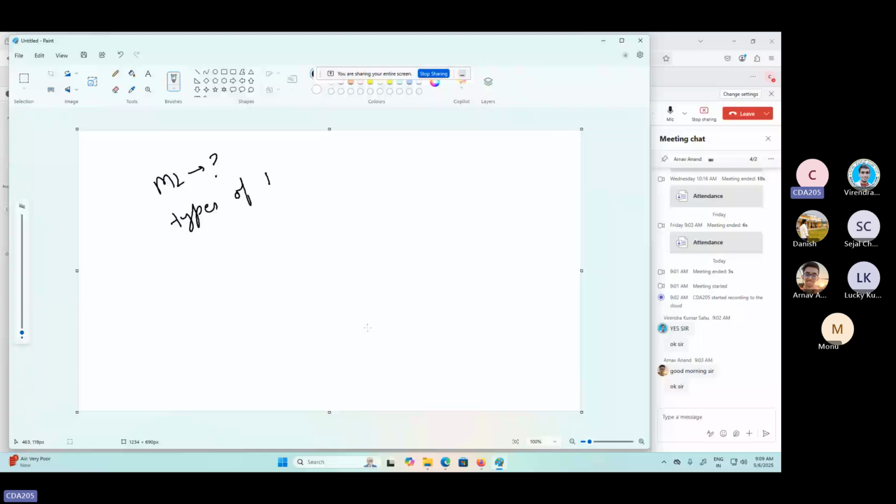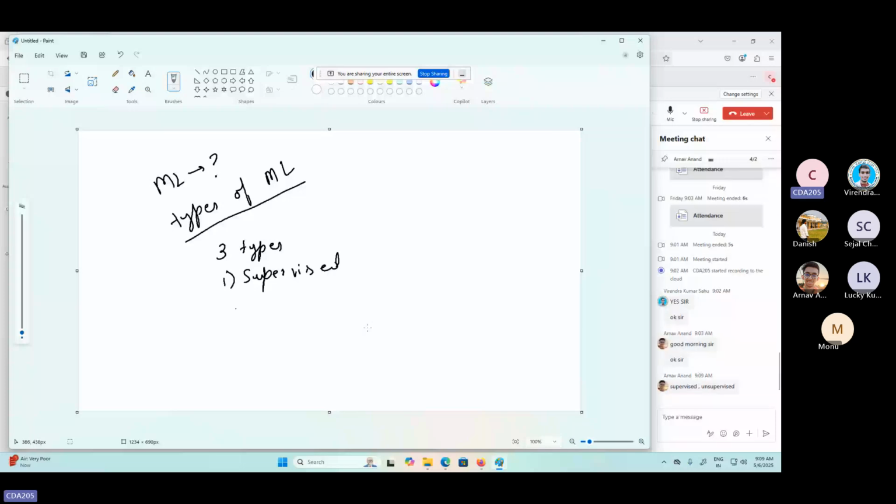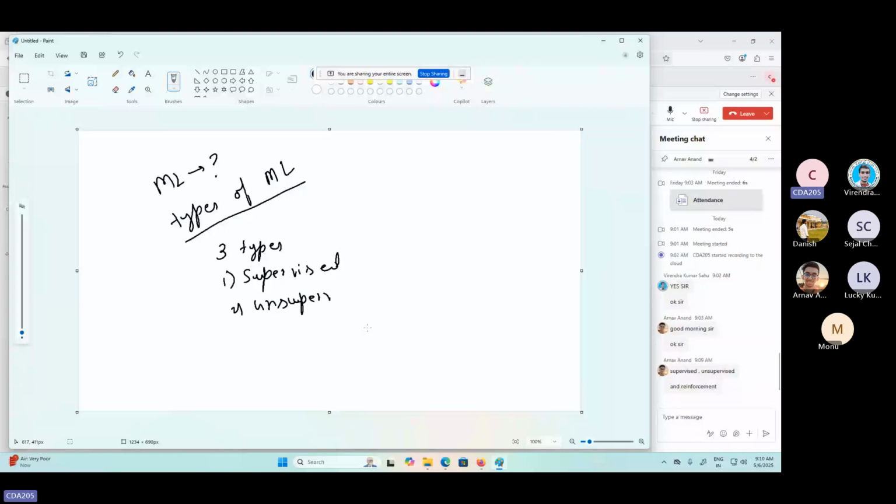Can anyone tell what are the different types of machine learning? There are mainly three types. First one is supervised, then unsupervised, and the last one is reinforcement learning.